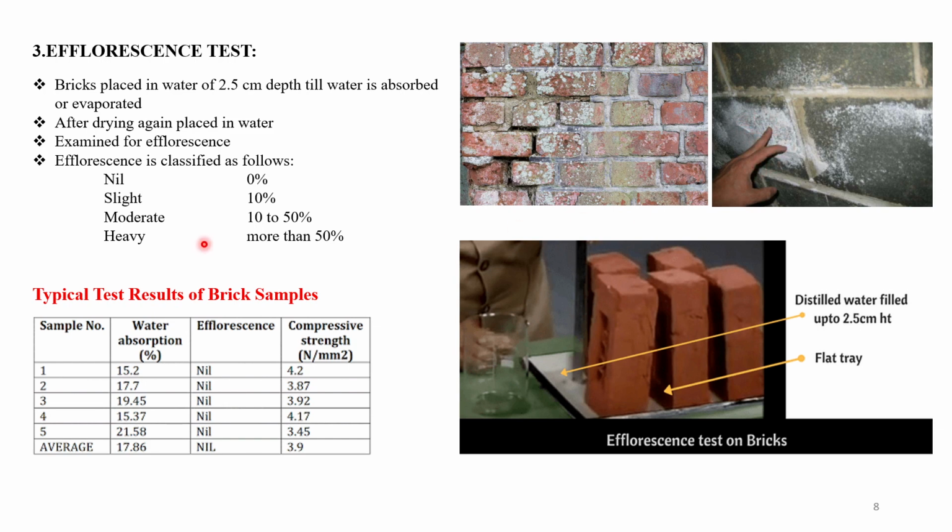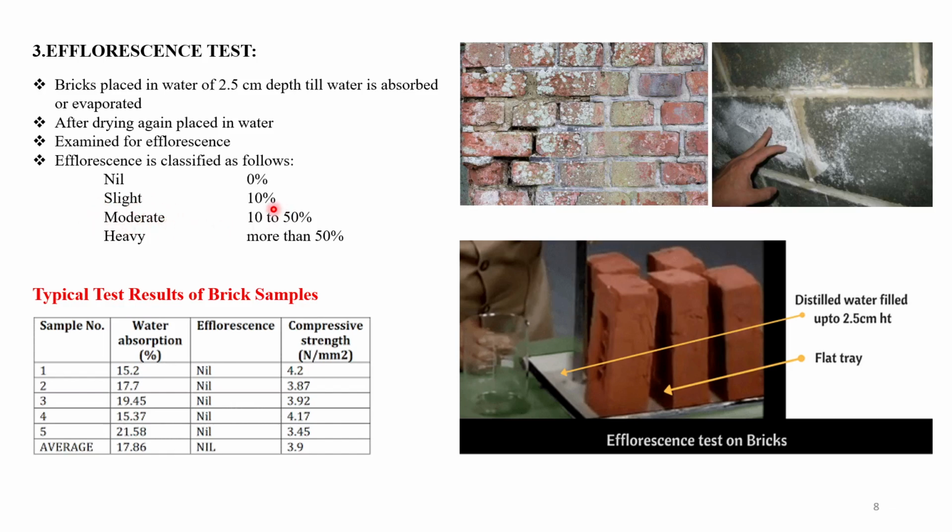So we will measure the area which is covered by the salt on the brick. If there is not any precipitate visible on the surface of the brick, then we will say there is nil efflorescence. If 10% of the area is covered by the efflorescence or soluble salt, we will say the efflorescence test result is slight.